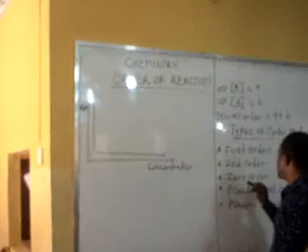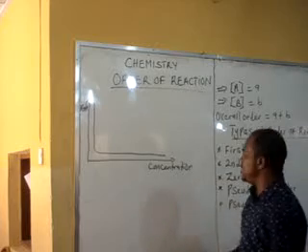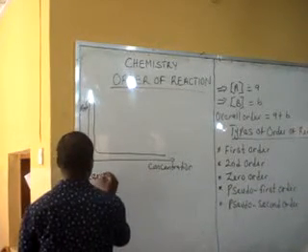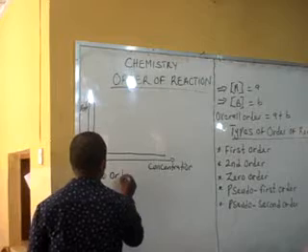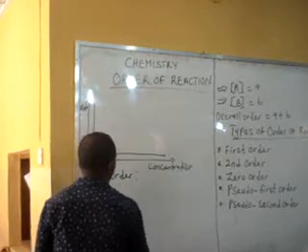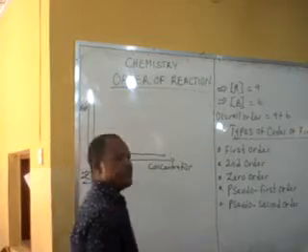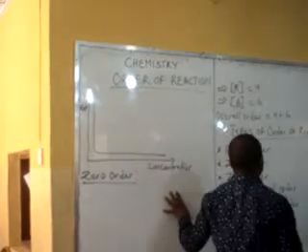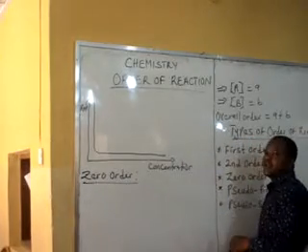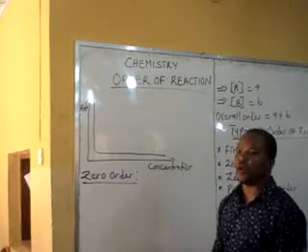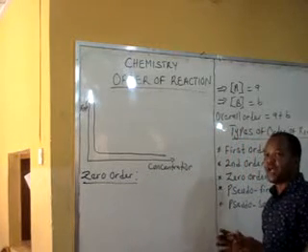And the last one I want to talk about here is the zero order. Now we can also have what we call zero order reaction. And this is obtained when the rate of reaction is independent of the concentration of the reactant.